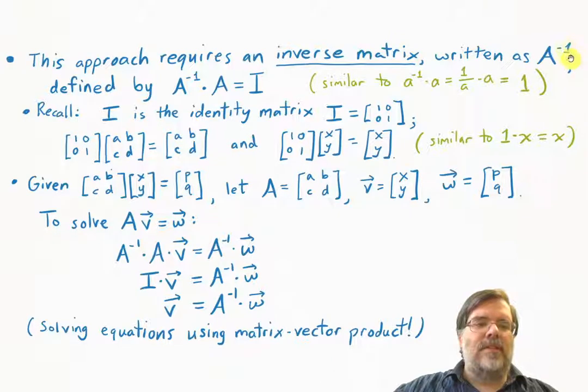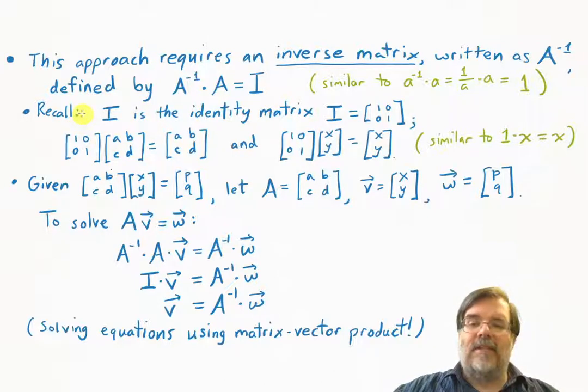We'll write it with the same notation, the superscript -1, and the way we'll define the inverse matrix, the way we'll eventually calculate it, is by looking at this defining property. Any matrix times its inverse should give us the identity matrix.